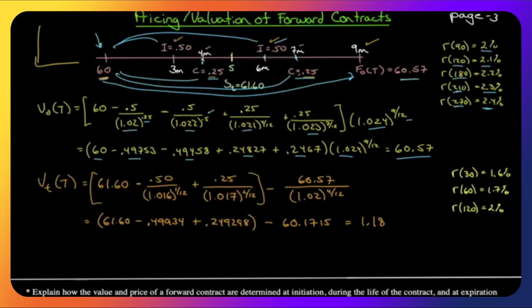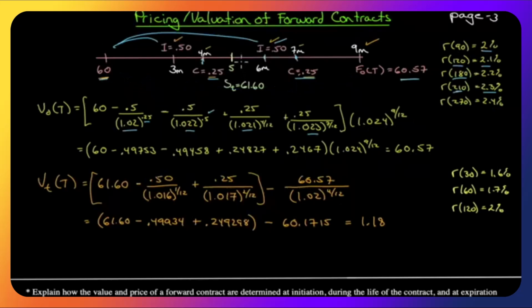And let me just erase some of this stuff so that we have our screen. We're going to value the contract right here. This is month 5. The underlying price is $61.60. So we know we're going to take $61.60, subtract any future income, add any future expenses, and then compare that number with the present value, meaning only to this point in time, of whatever the contract price was, which was $60.57.